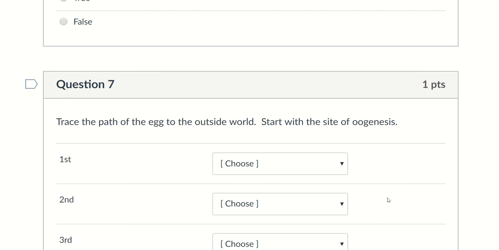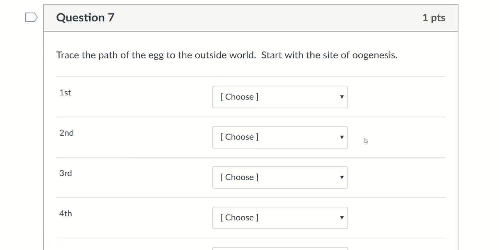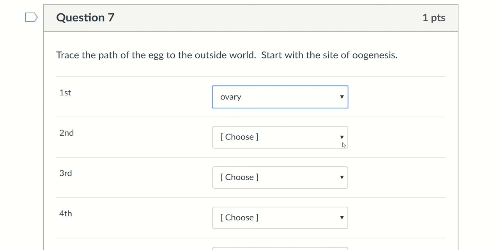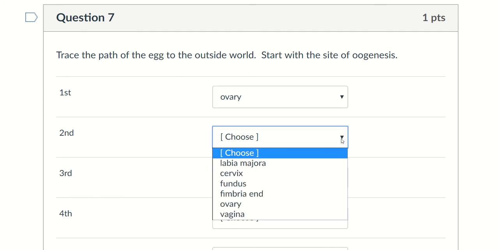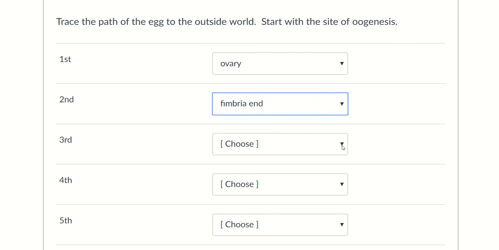Same thing as spermatogenesis. We're going to go through the body parts. If it's not listed, we'll just go to the next one. Oogenesis, the forming of the egg, occurs on the ovary. It blisters off and is caught by the fimbriae of the fallopian tube.